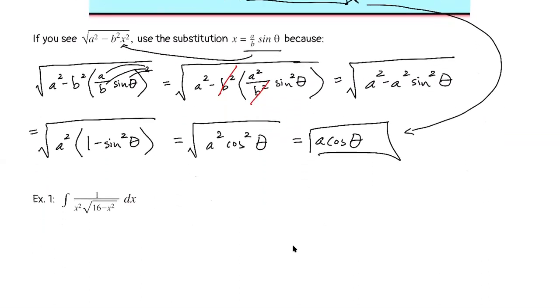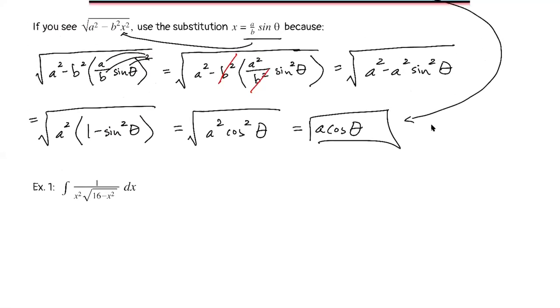So let's see how this applies to example number 1. In example number 1, I see the integral of 1 over x squared times the square root of 16 minus x squared. Now, in this case, I could use u-sub, but only if the outside one was an x, not an x squared.